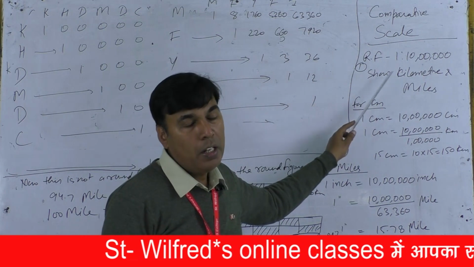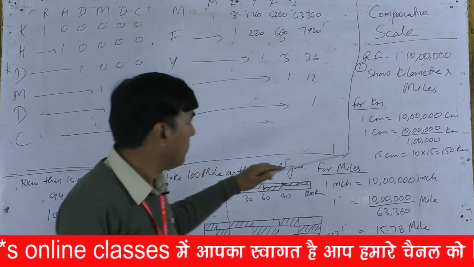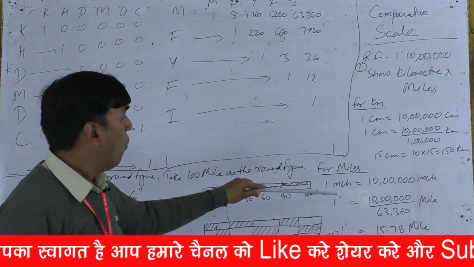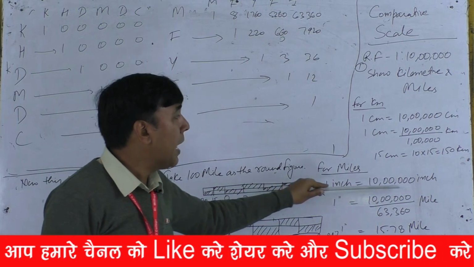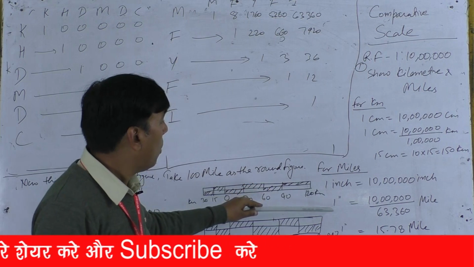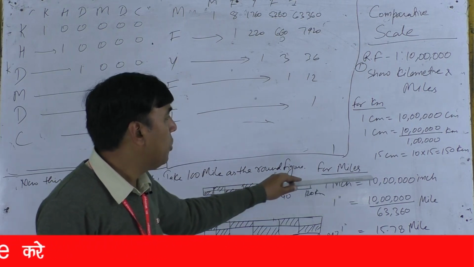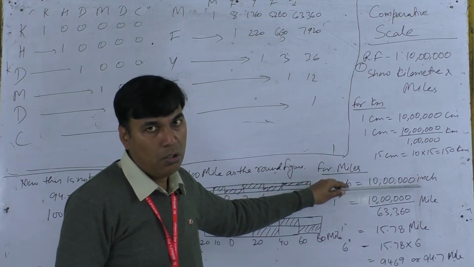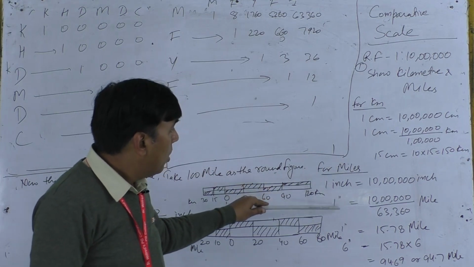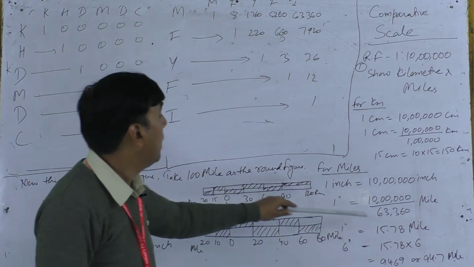One is the metric unit and the second is the British unit, sorry. For miles, 1 inch is equal to 10 lakh inches. Okay, if we draw a 1 inch line on a map, on paper, it will show 10 lakh inches on the ground. For miles we are dividing 10 lakh by 63,360. Look here.